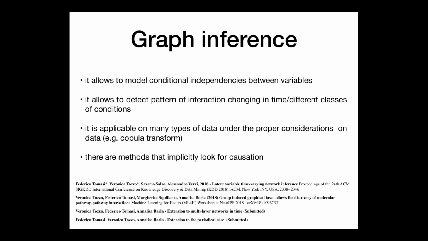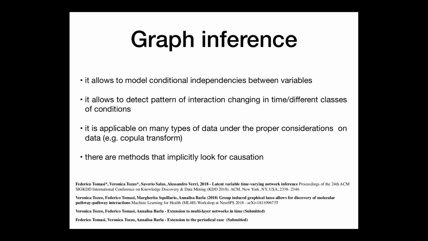I don't know if I explain myself. It allows to detect patterns and changes in the time series. It is applicable to many types of data. There are theoretical considerations that you have to make. Generally, the assumption is that the variables are Gaussian, but you can do some tricks to make them Gaussian if you don't have Gaussian variables, so that's nice.